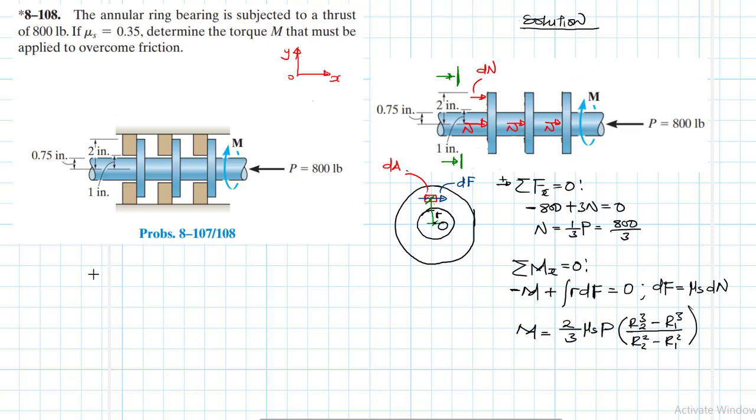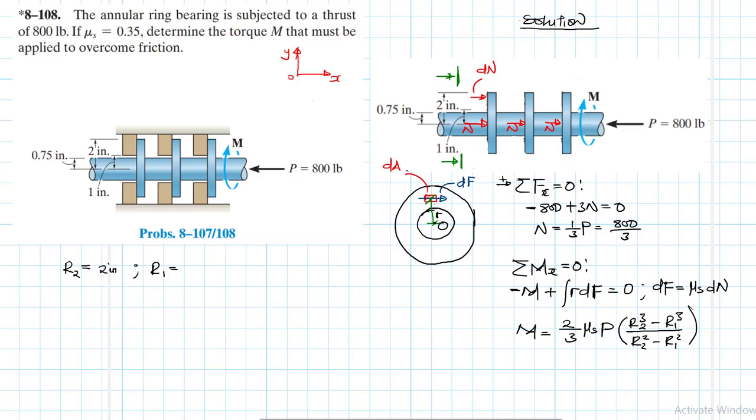Alright, so now what is our R2? Our R2 is our outer radius. R2 is equal to 2 inches from the center of our bearing, and then R1 is 1 inch.